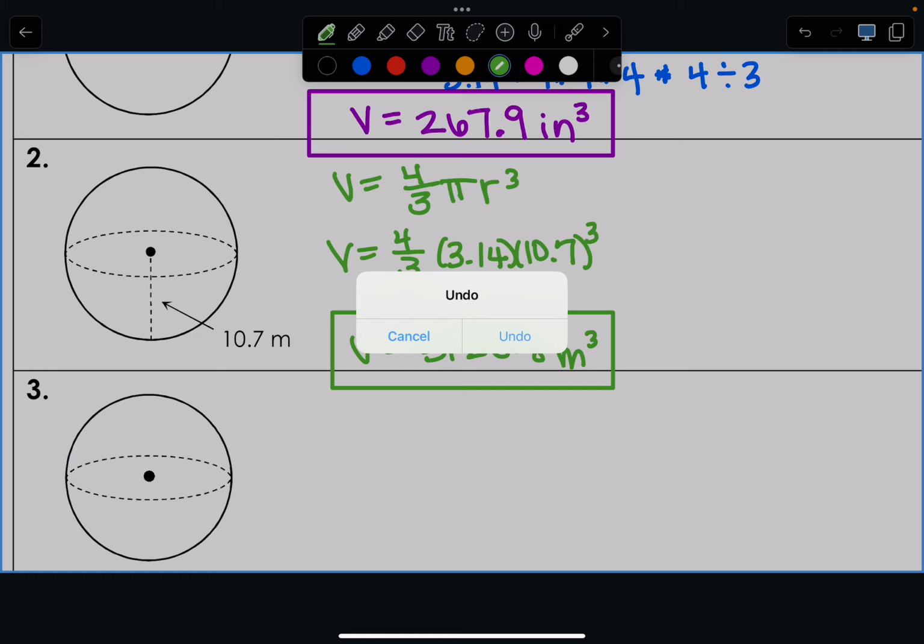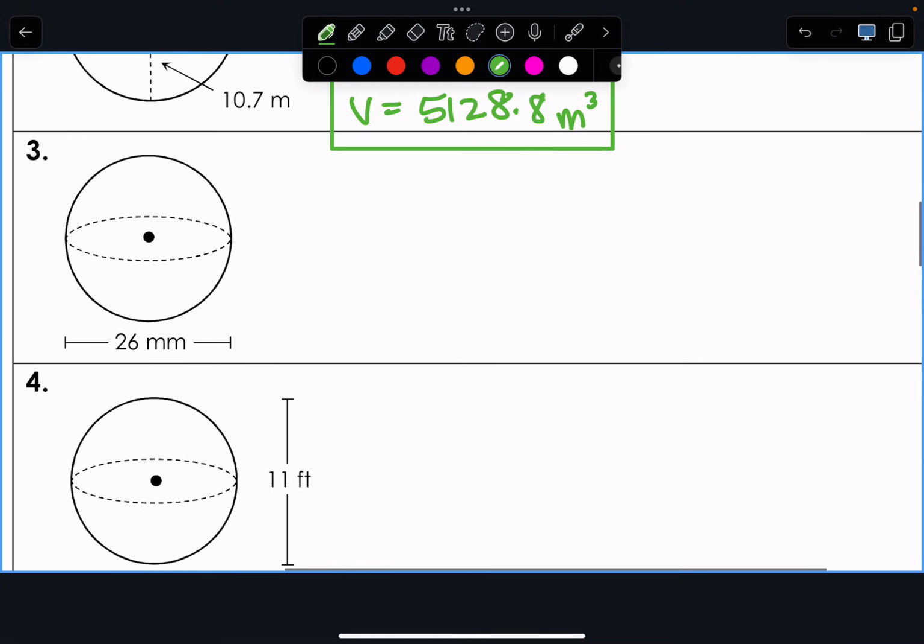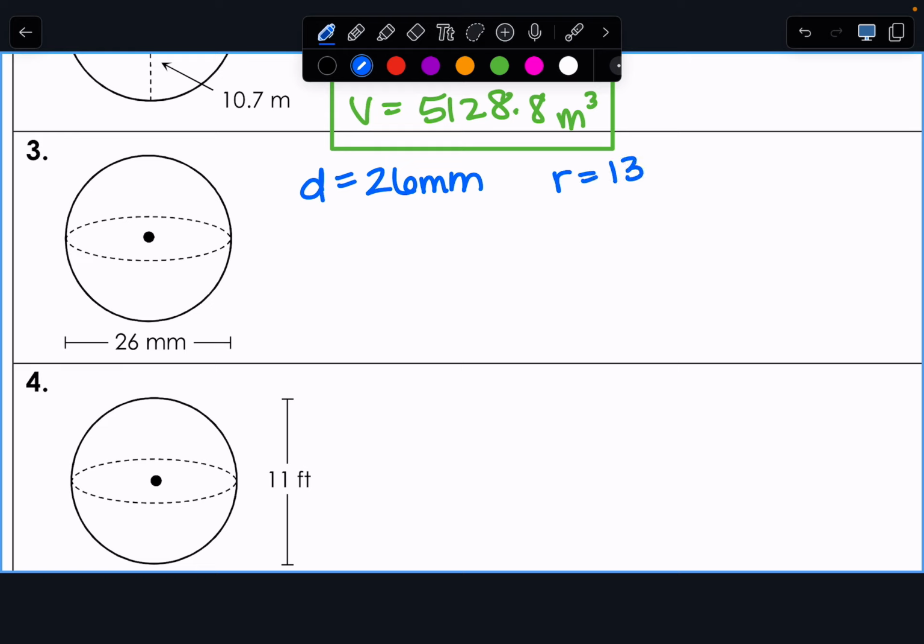Now, look at number 3. What is number 3 giving us? They give us the diameter is 26. So if the diameter is 26, what's our radius? Our radius is 13.